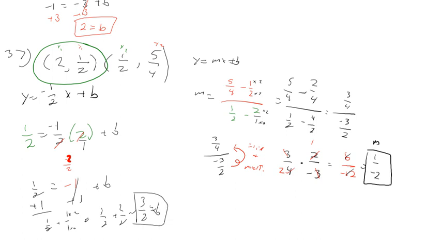So there's my b, here's my m, put them together: y equals negative 1/2 x plus 3 over 2. There is your equation.